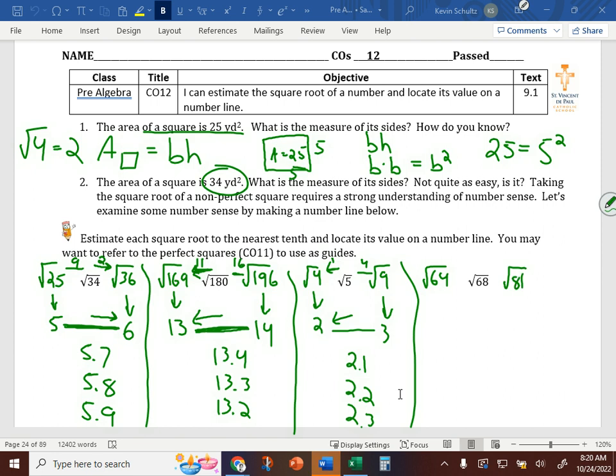So take it from here now. Root 64 is the next smallest one. That's 8. Root 81 is the next largest one. That is 9. So finish it from this point, because you don't need the notes from Tuesday to take it from here now once you got those two perfect squares.